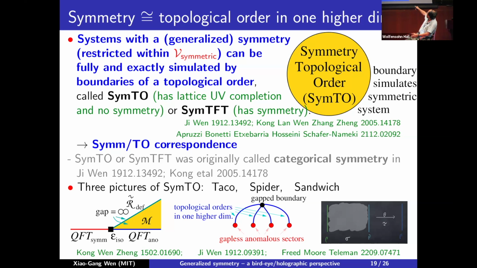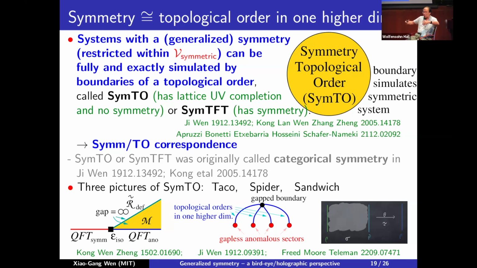Therefore, instead of studying symmetry and symmetry transformations, we just study a boundary of a particular topological order. And the topological order can only simulate the symmetric subspace. There is no extension on the boundary which is charged.